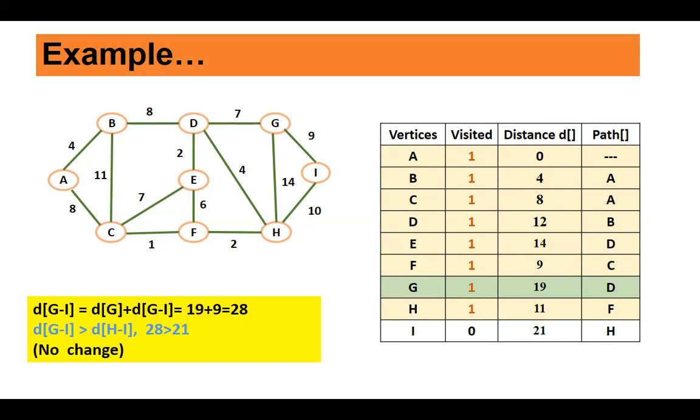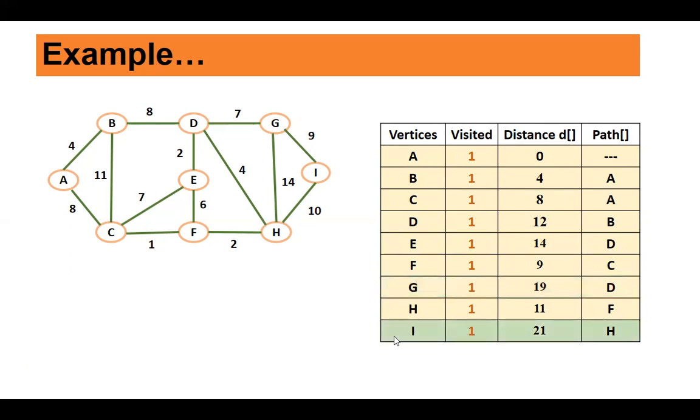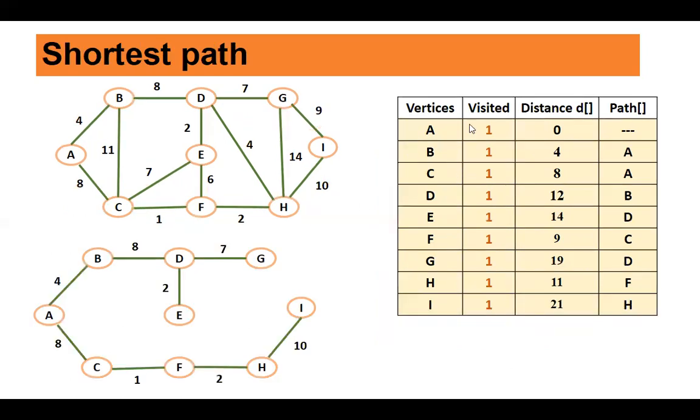Fine. Now, the next remaining vertex is only I. So just select it, mark it, add it to your shortest path and no changes are required. Rest of the table remains same. Now all the vertices are visited with the path and with the distance. So this is the shortest path for this given graph with the source node A, right?